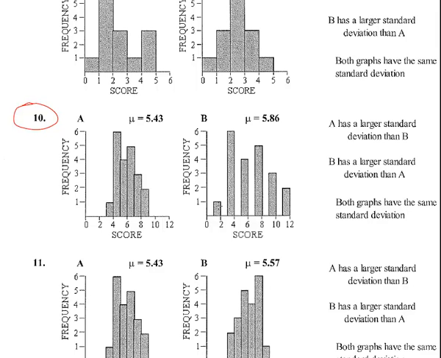So it's the same idea. We're looking for the distance from observations to the mean. The mean is about 6. And those distances are going to be quite a bit bigger on average for histogram B. And so histogram B is going to have the larger standard deviation.